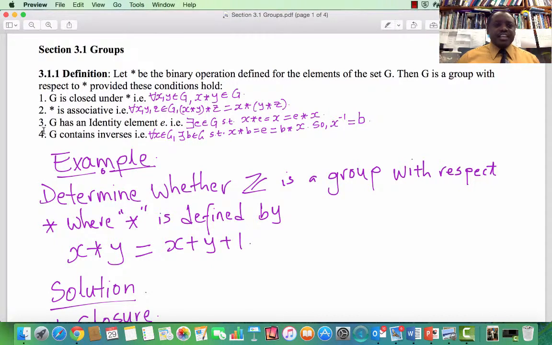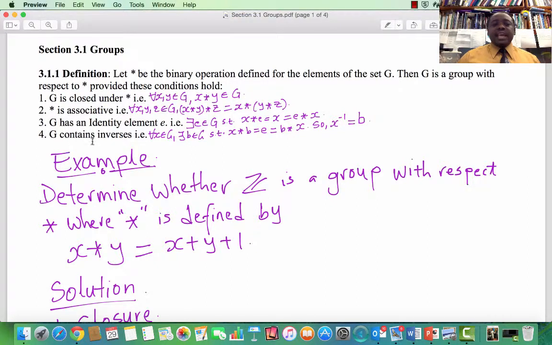Condition 3. G has an identity element E, i.e., there exists an element E in G such that for every element x in G, x star E equals x and E star x equals x. Condition 4.